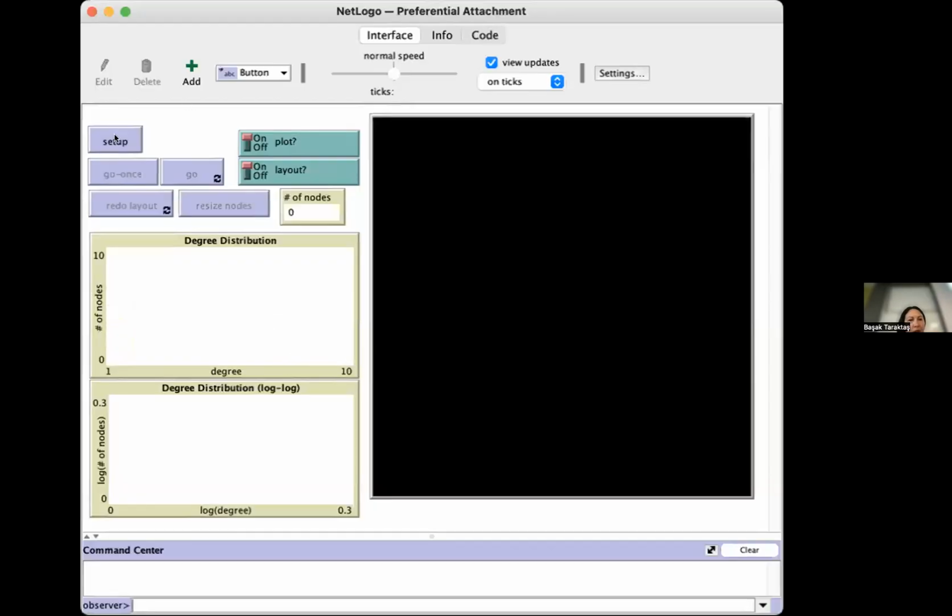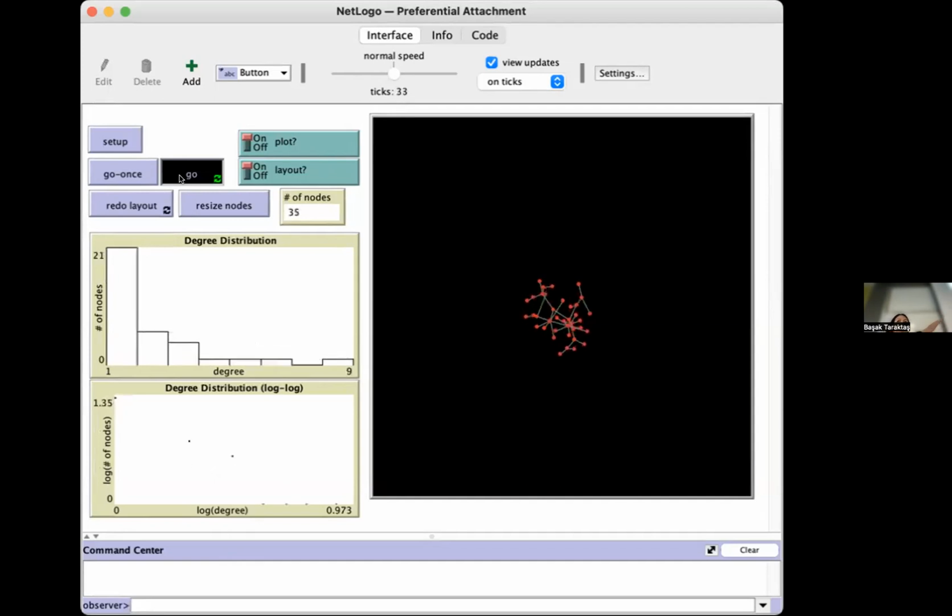Let me do this. Potential attachments. All right, notice the progression of connections.